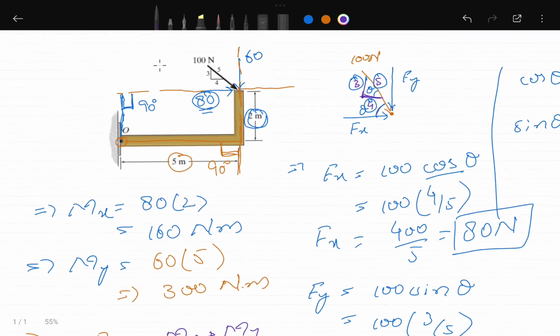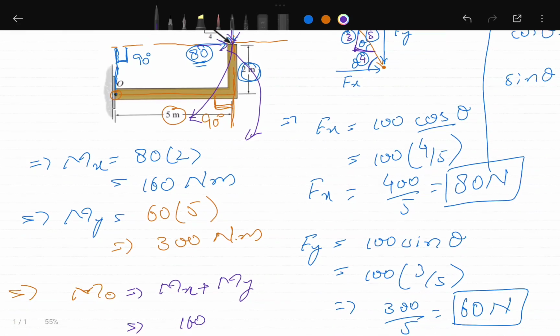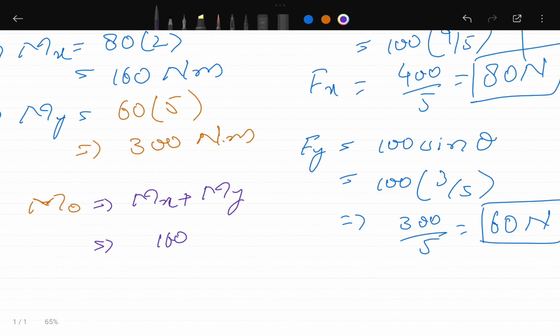Also keep in mind that this force is rotating the body clockwise, and this one is also rotating the body clockwise. So in this case both are positive, and we have to take that into account, otherwise if you miss the signs your whole question will be wrong. So that comes out to be 460 Newton meter.